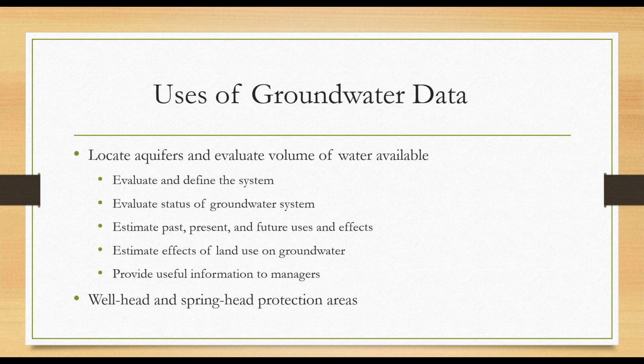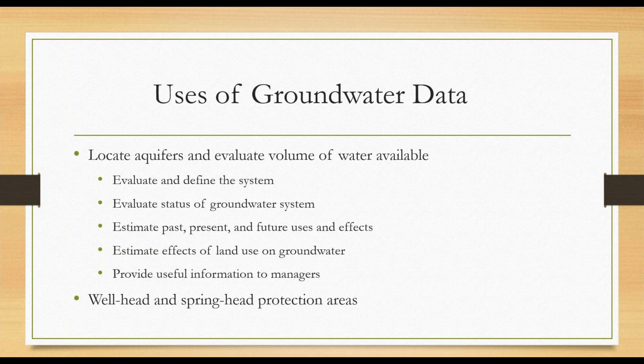So, common uses of groundwater data. We use the data to locate aquifers and evaluate the volume of water available. The data are used to evaluate and define the aquifer system, to evaluate the status of the groundwater system, and to estimate past, present, and future uses or effects on the aquifer system.